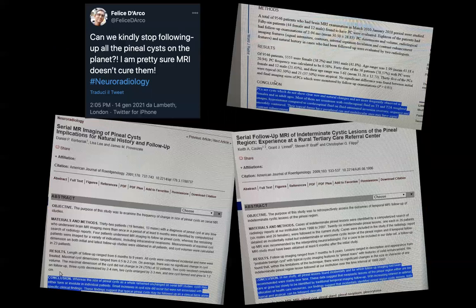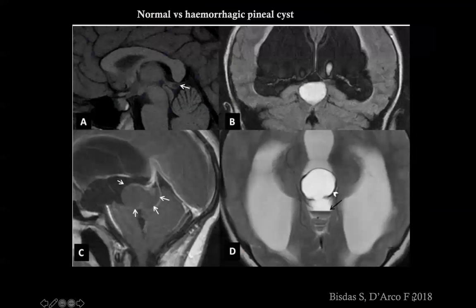Another important thing, this is a tweet I put a few days ago, because we received another scan where we are following up this patient with a cyst in the pineal region. There are a lot of studies demonstrating that there is no reason to follow up this cystic lesion in the pineal region unless you have a striking solid portion, even if sometimes, like in these cases from the book chapter I told you before, you can have hemorrhagic changes that of course enlarge the pineal gland in comparison to the normal cyst of the pineal gland.